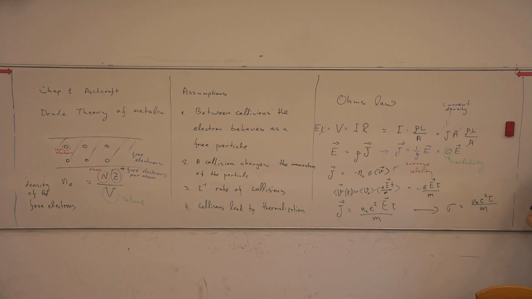So measuring the resistance or the conductivity in Drude's theory depends on the number of electrons, the charge of the electron, time between collisions, and the mass of the electron. How are you supposed to measure the time between collisions?